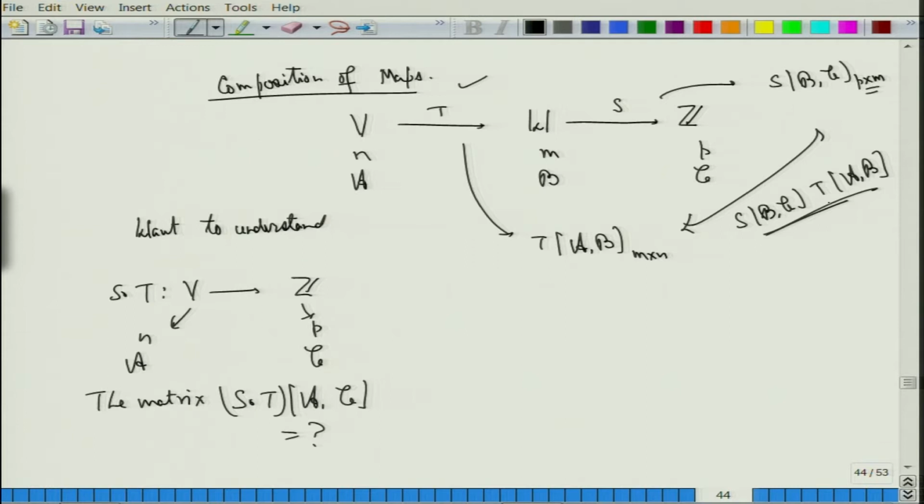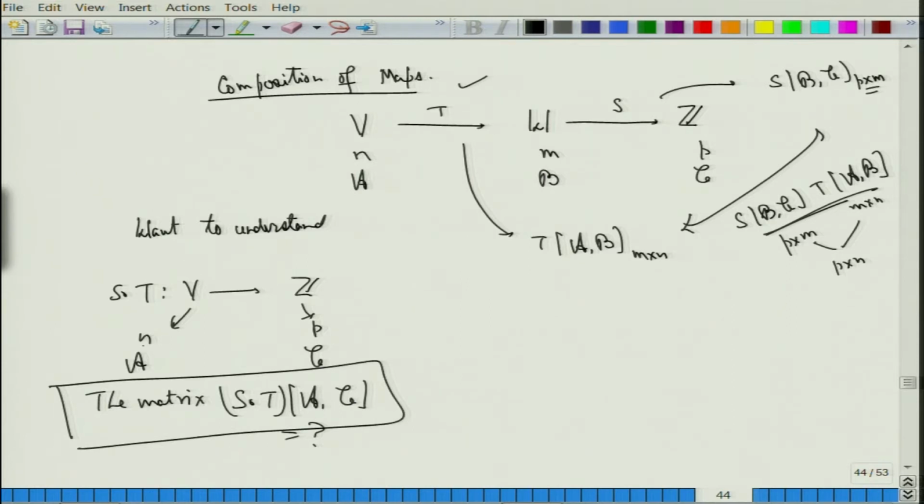This is the way it has to be, because then I get P cross N, and this is what it should be, because this is P, I have to multiply by N, so this has to be a matrix of P cross N. So at least I can hope they should be the same. Forget about matrix multiplication, at least size wise, I can see that it makes sense that I can go from these two different matrices to this.